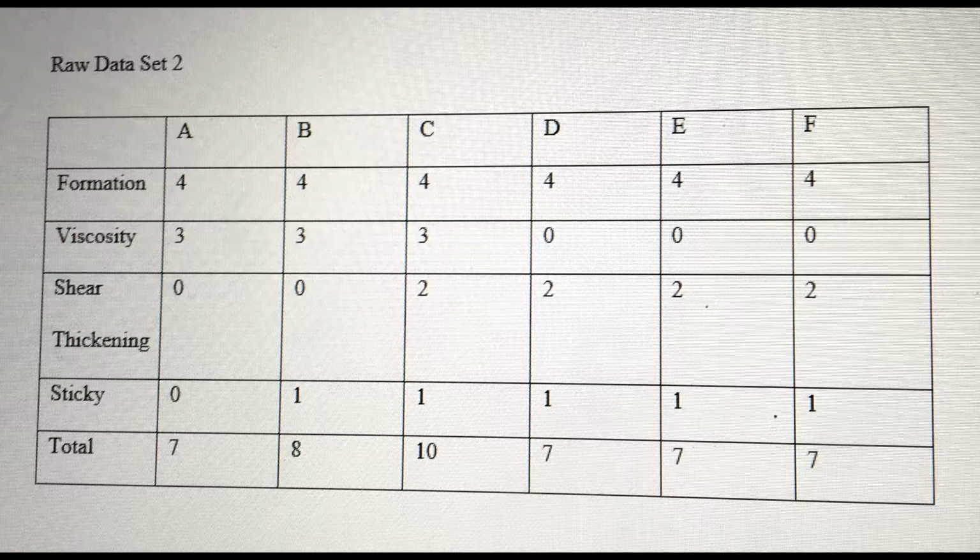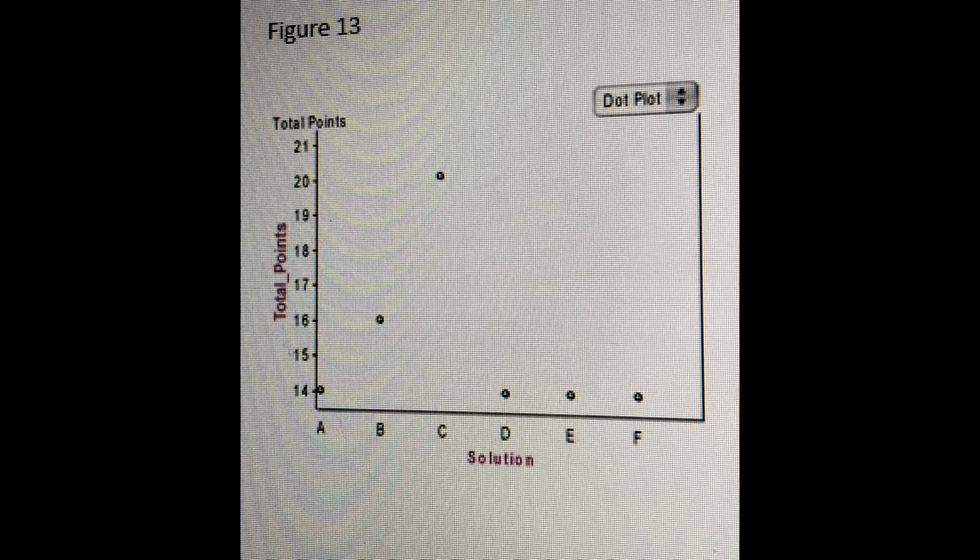For solution E, which was 1 1/4 teaspoons of borax in solution, it was awarded 4 points for formation, 0 points for viscosity, 2 points for shear thickening, 1 point for stickiness, and it totaled at 7 points.